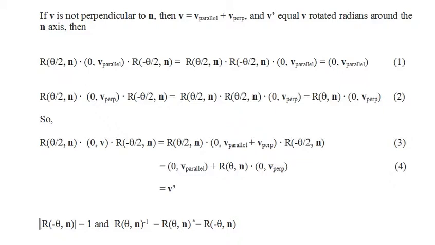So, r theta over 2 n times the quaternion representing v times r minus theta over 2 n equals the sum of the quaternion representing v parallel and the quaternion representing v perpendicular rotated theta radians around n. And that quaternion represents v rotated theta radians around n.